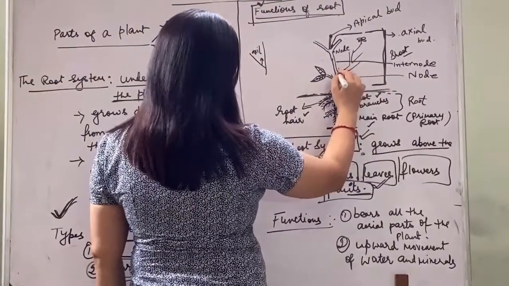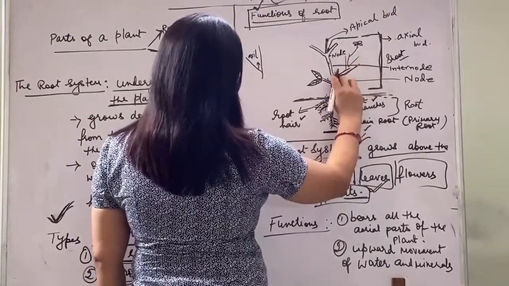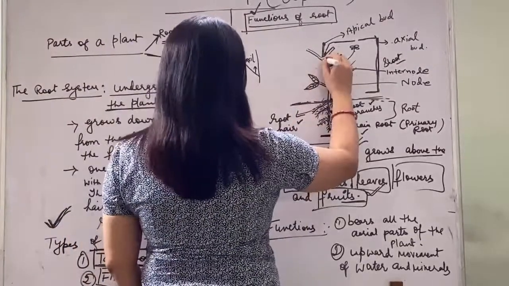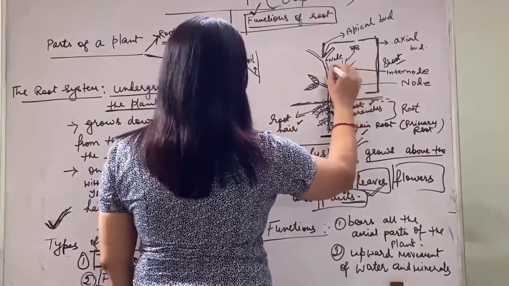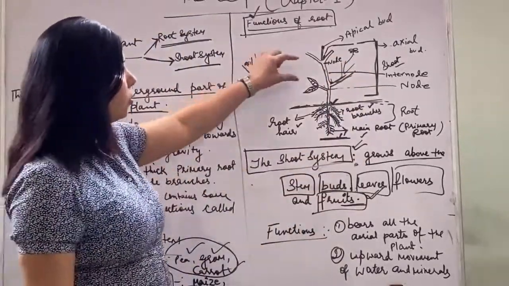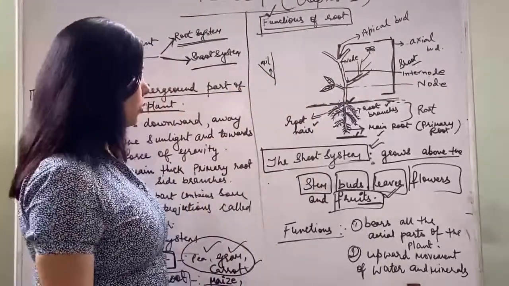The part of the stem from where these branches come out is known as a node. And the place in between two consecutive nodes is known as the internode.